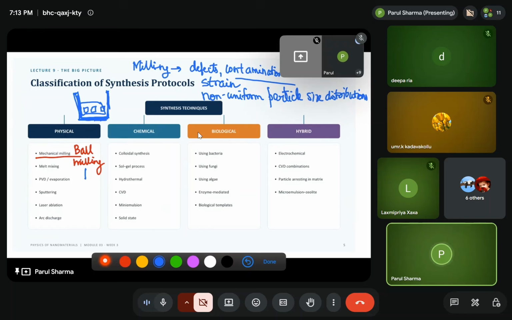The next is melt mixing. In this technique, which is also a physical method, it is mainly used for preparing polymer composites.